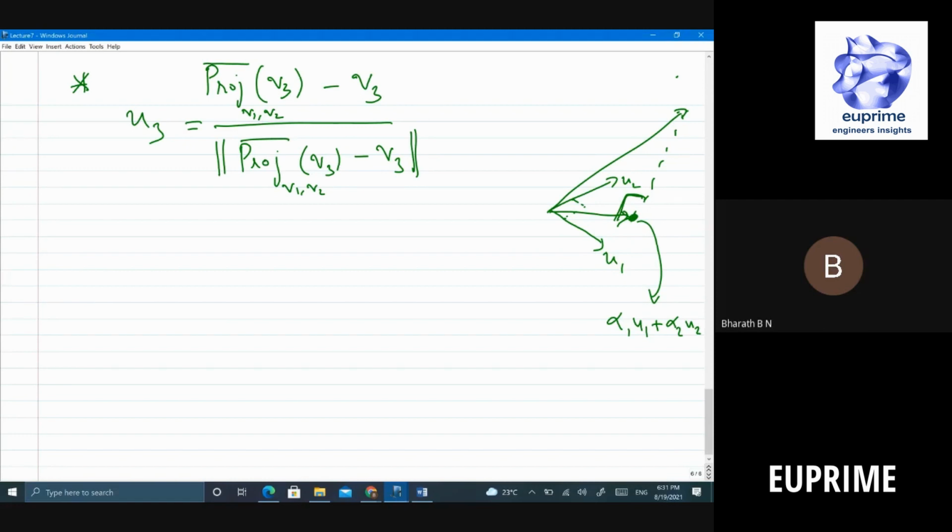So now we need to look at what this is. What do you mean by projecting onto a space? How do you project, and what do you mean by projecting onto this, and how do you ensure this thing? Let's look at this.